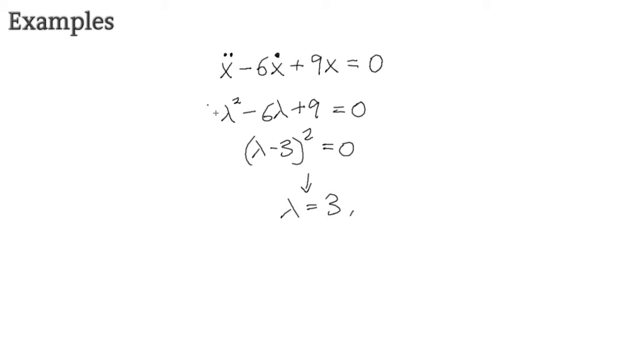Unfortunately we do need two solutions for a second order because of the power 2. In this case, typically in normal algebra, this will be called a double root, and so that would be the only solution that is possible.